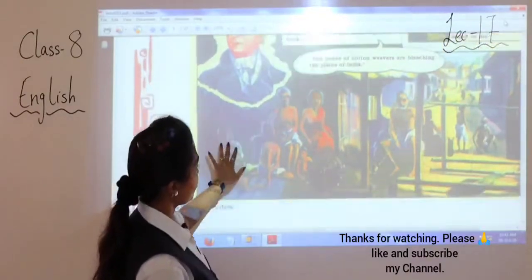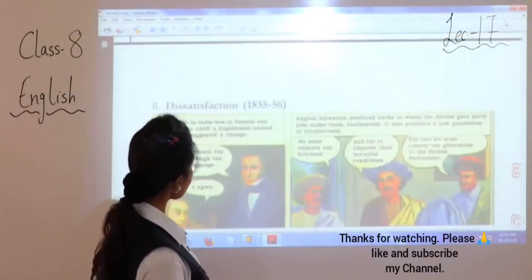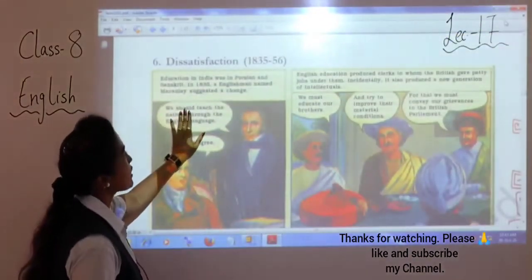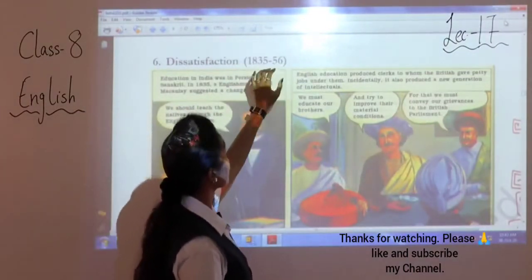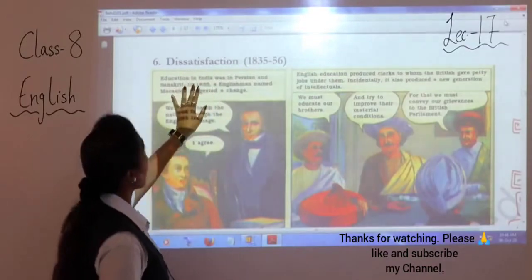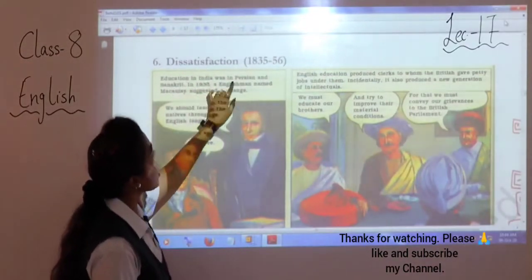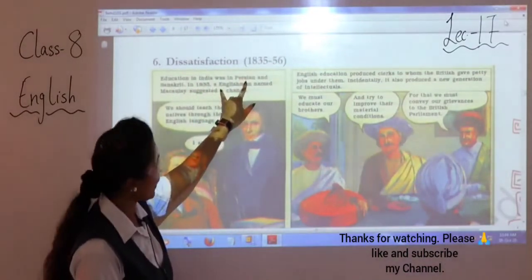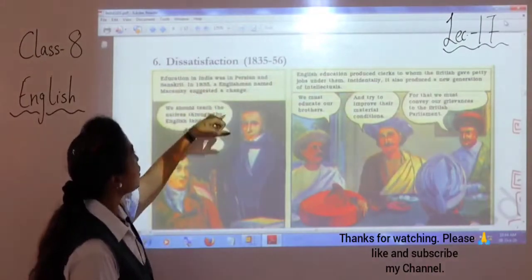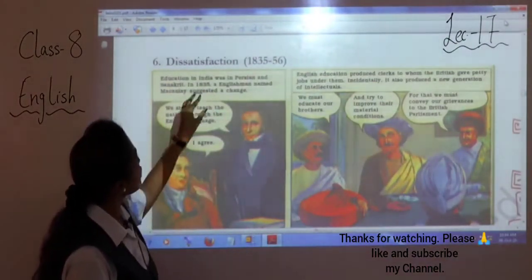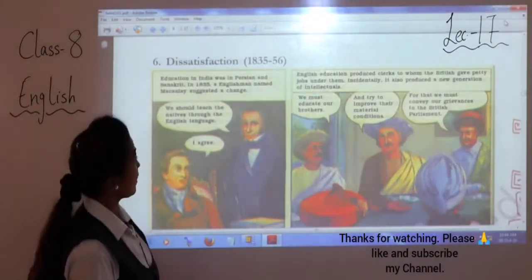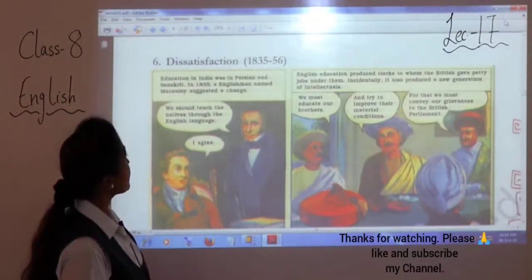Then after dissatisfaction, 1835-56. In this period, education in India was in Persian and Sanskrit. Okay, so now see here, they are saying that education in India was in Persian and in Sanskrit.